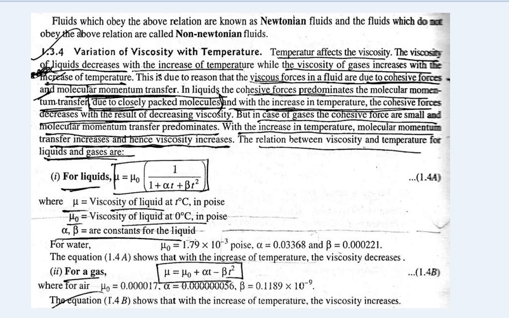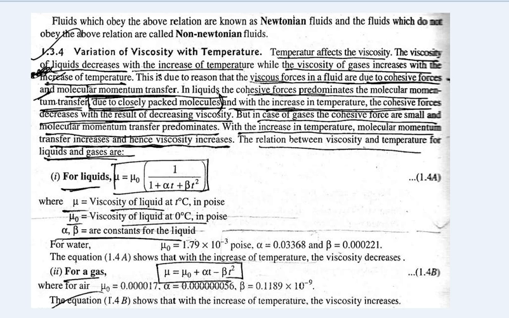The relation between viscosity and temperature for liquids is mu equal to mu naught into 1 by (1 plus alpha t plus beta t square), where mu is the viscosity of the liquid at t degree centigrade. Let us consider, at 30 degree centigrade what is the viscosity, at 50 degree centigrade what is the viscosity.